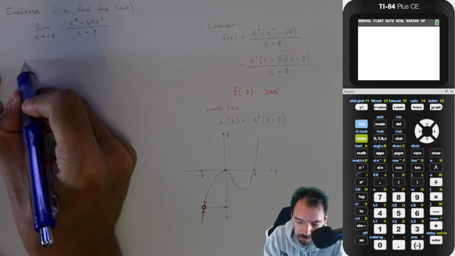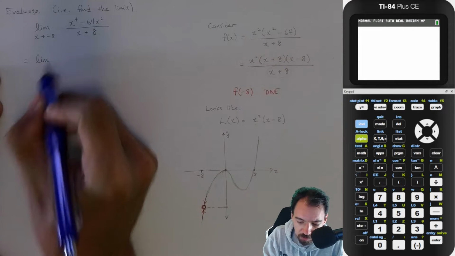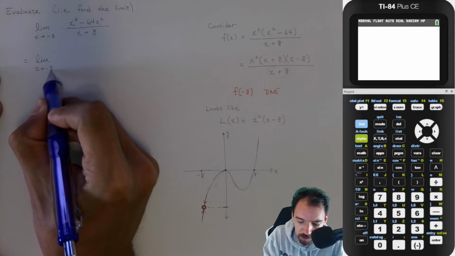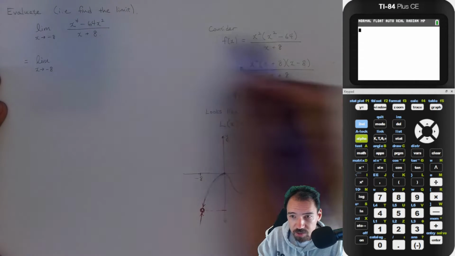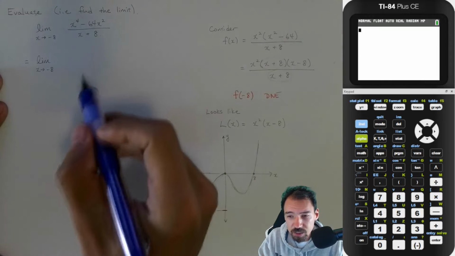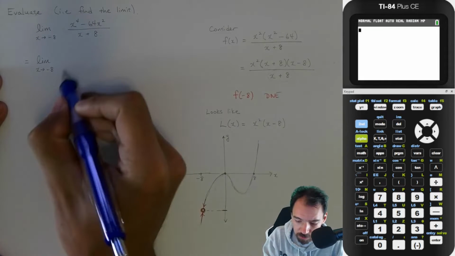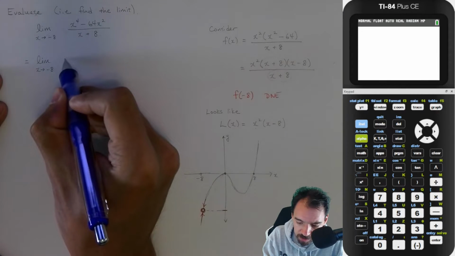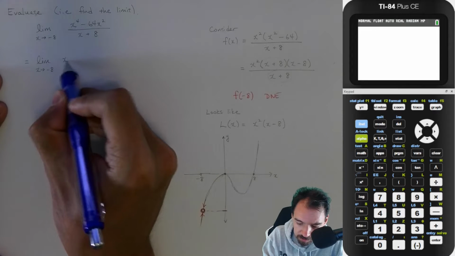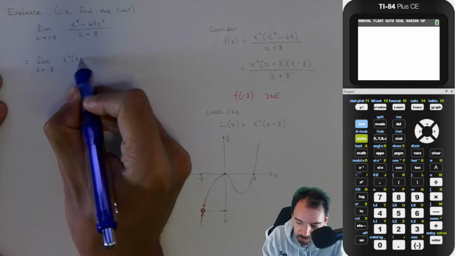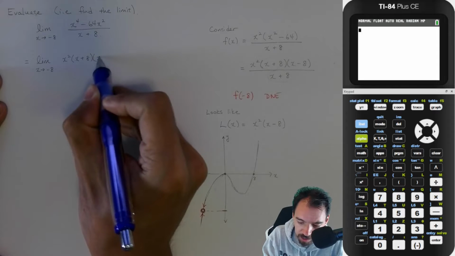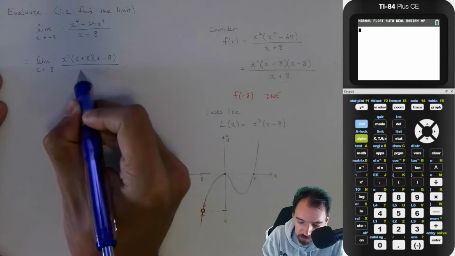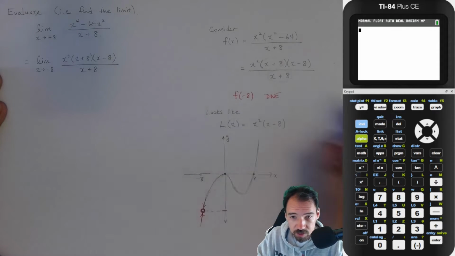So we're going to say, okay, I'm going to factor this expression in the same way I did here, because that's going to let me identify where the hole is. Okay? So I'm going to say this is x squared times x plus 8 times x minus 8 all over x plus 8, just like we had before. Okay.